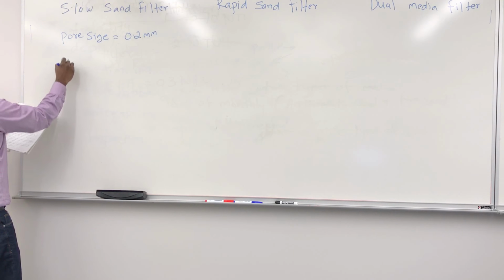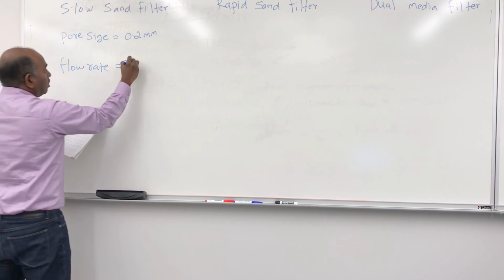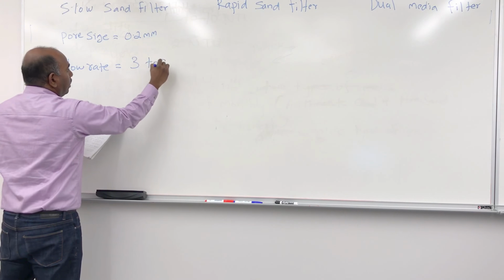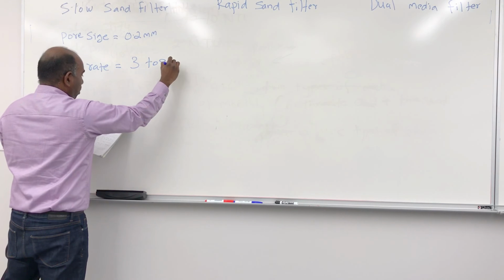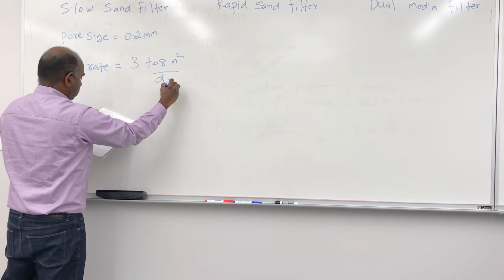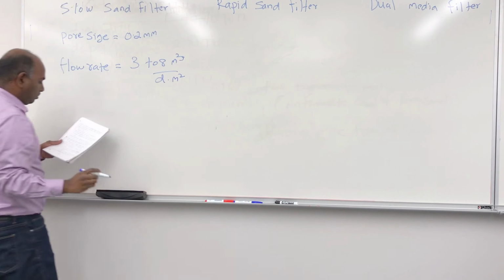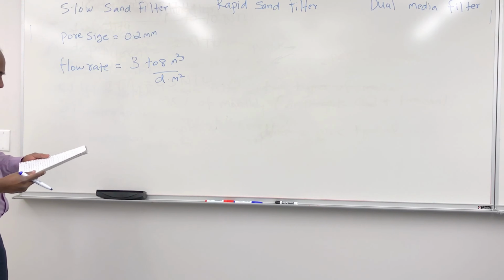Flow rate equals 3 to 8 meter square per day, or meter cube per day per meter square. That's the flow rate.